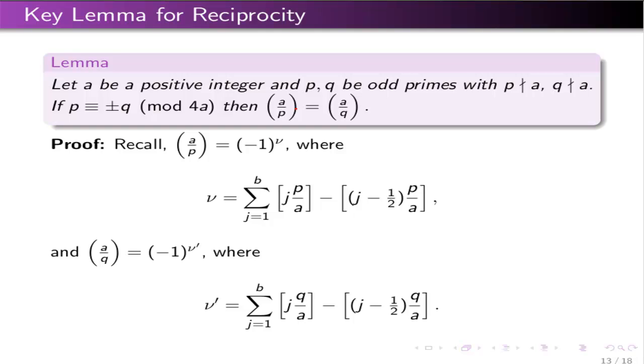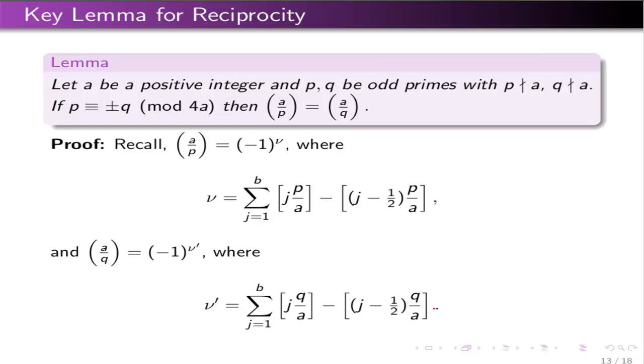Okay, proof. Let's recall that Gauss's lemma says (a/p) is (-1)^ν. And then we saw this formula that ν can be calculated by just summing this greatest integer quantity right here. Likewise, (a/q) is (-1)^ν', where ν' is this sum.